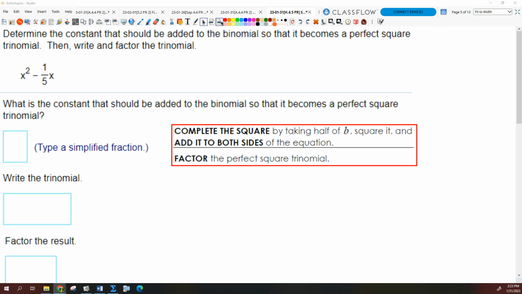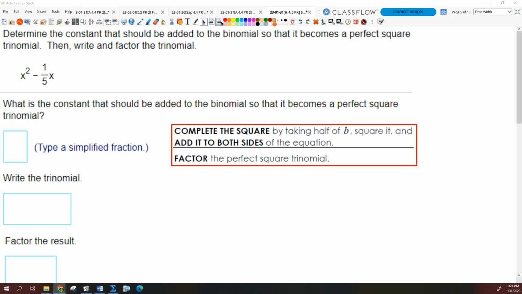Okay, so let's go back and practice this a little bit. Say we start off with an expression like x squared minus 1/5 x. In order to turn that into a perfect square trinomial, what term would I have to add to make it a perfect square trinomial? That looks like x squared plus bx, doesn't it? So what would I have to add? What's my value of b here?